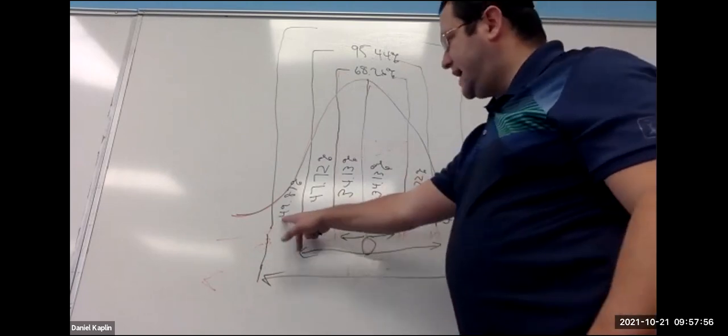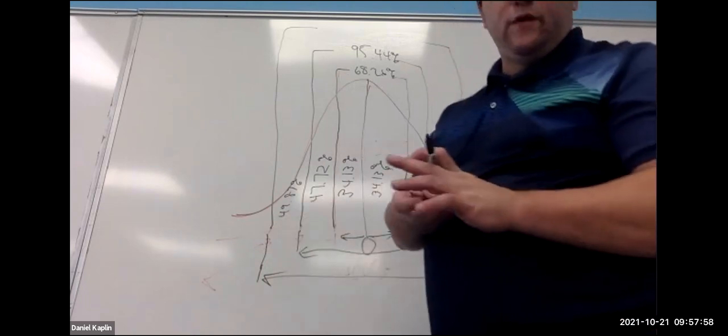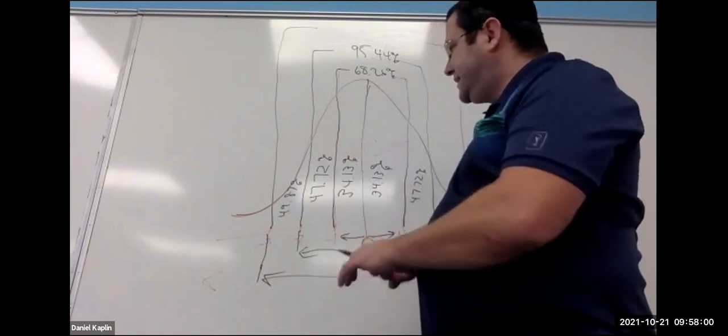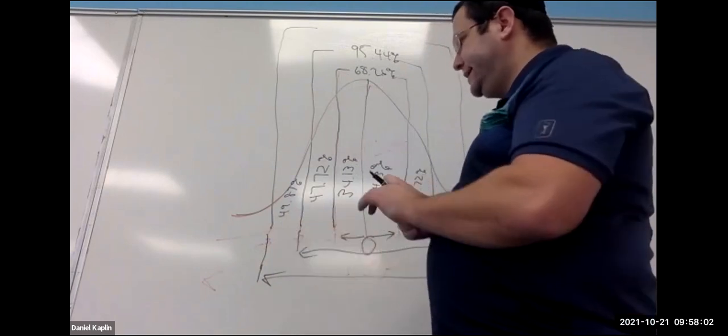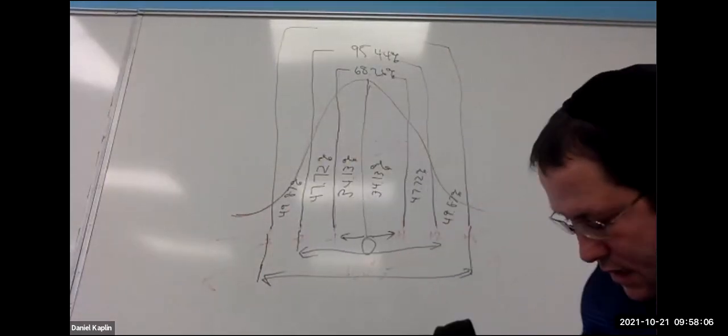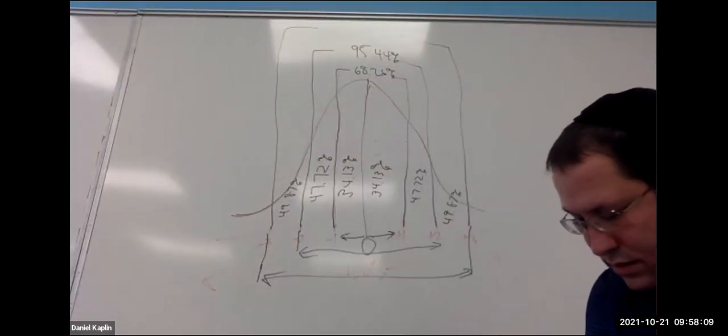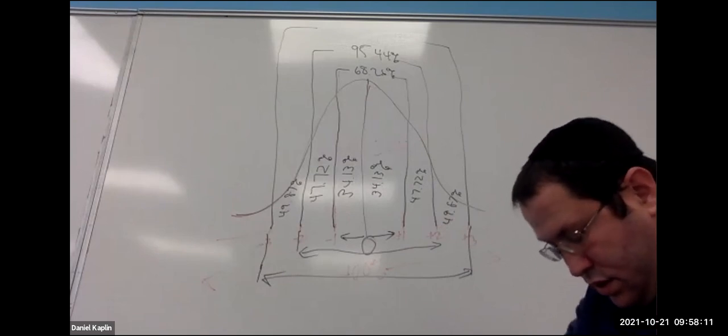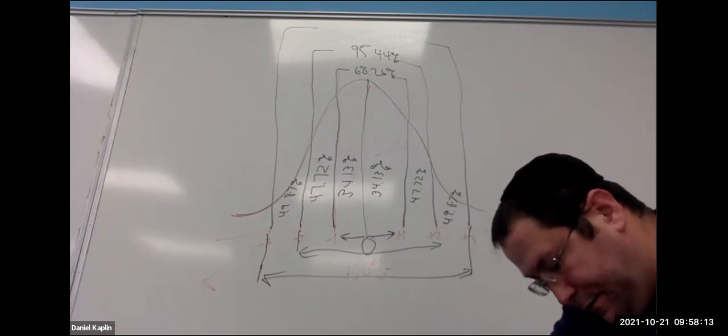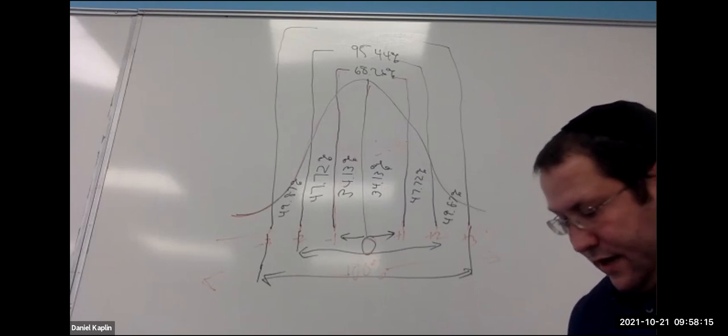So I have to add this side with this side. So what's 49.87 plus 49.87? Well, I can't do that in mental math. So let me get back to using my calculator. When in doubt, use your calculator.